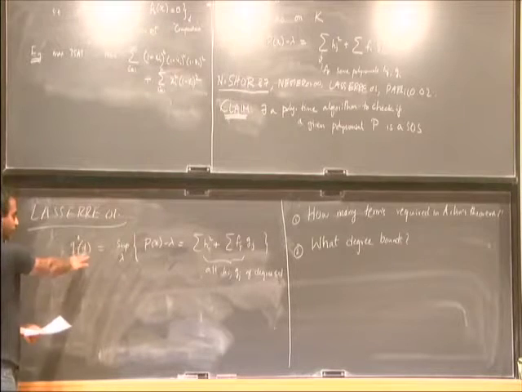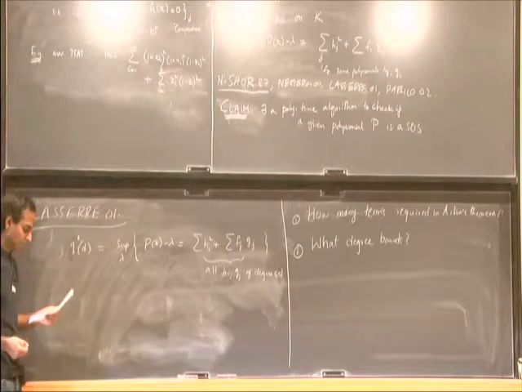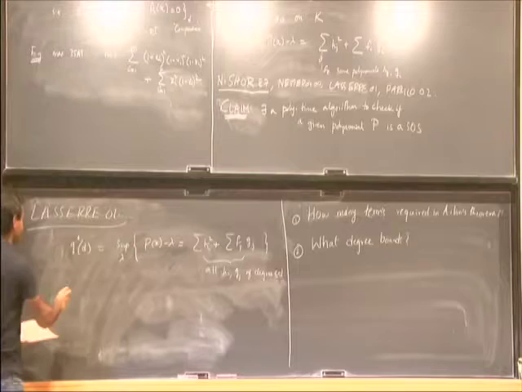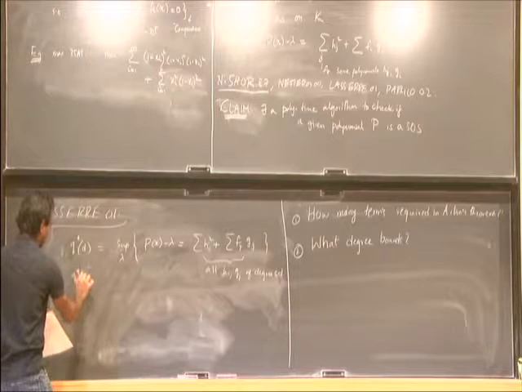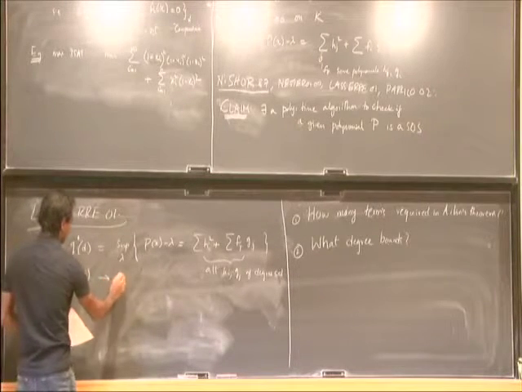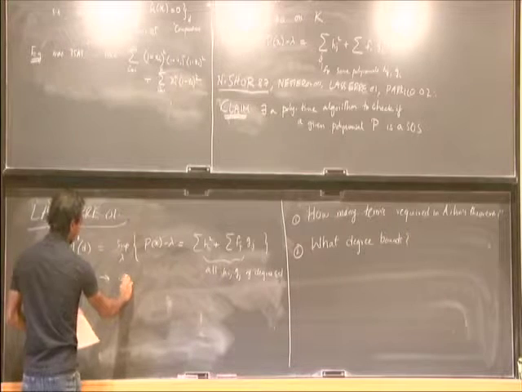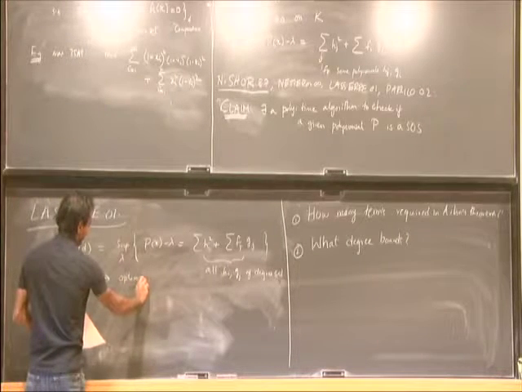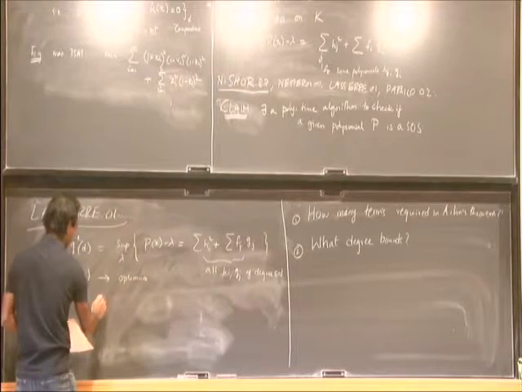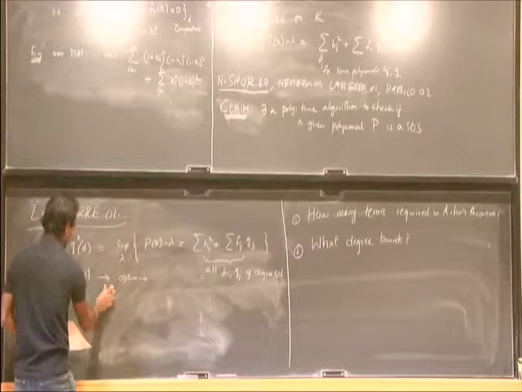You get something which depends on the degree d. And what Lasserre basically showed is that q star of d goes to the optimum for large enough d.